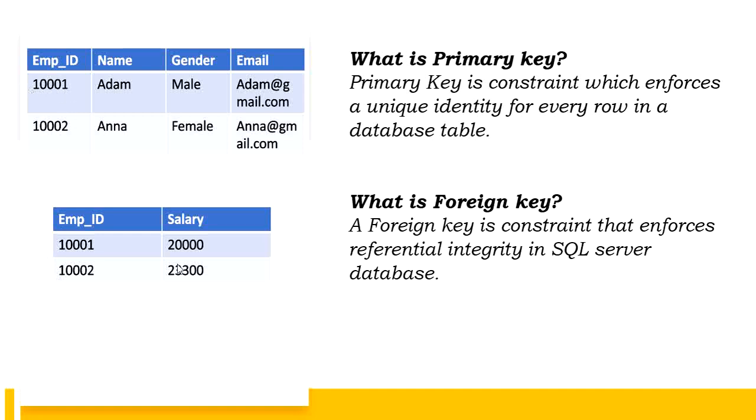So this concept is known as a foreign key, where a foreign key is a constraint that enforces referential integrity. So this is how we will refer. The ID which is present in the employee table is also present in the salary table. So we are just referencing it. This concept is known as a foreign key.